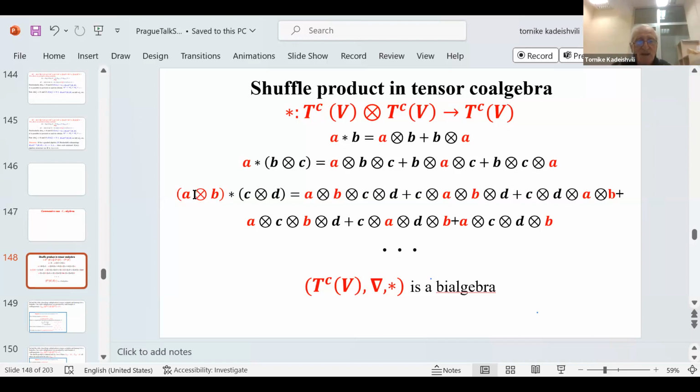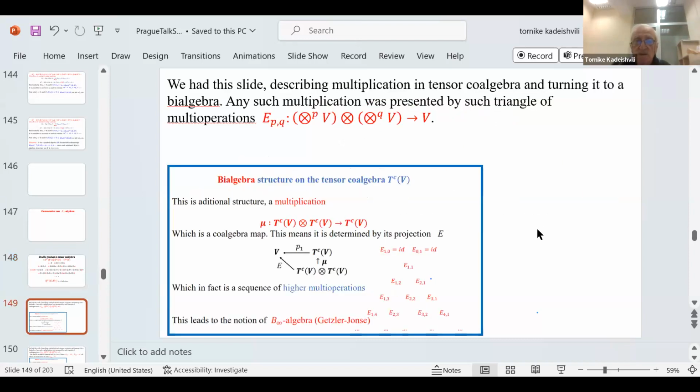It is when A and B are close to each other, such shuffles: A, B, C, D, C, A, B, C, D, A, B. But then also when the distance between A and B is more: A, B, C, D, C, A, D, B. See, reds keep their order. Blacks keep their order. And the last one, A, B, the distance is big, but all of them keep the order.